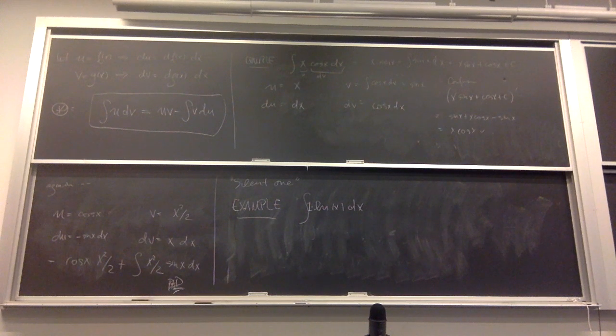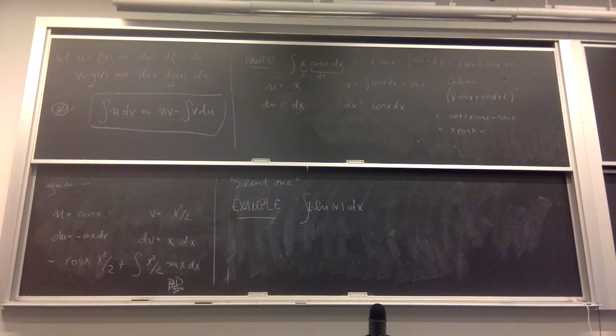It's just x, because you're bringing the dx over from the dv side. So then what's v? v is x, dv is dx. u is ln x, so du is 1 over x.